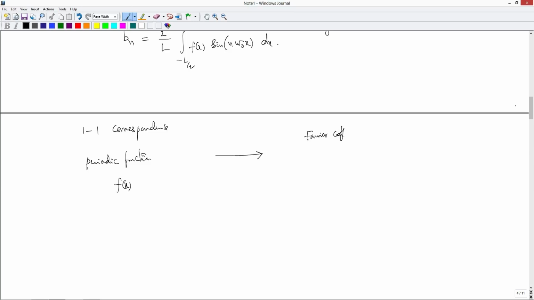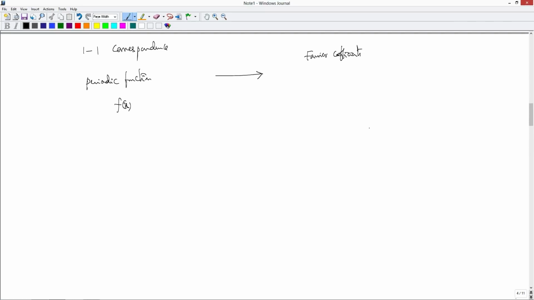These are the a_n's and b_n's, where n is from 0, 1, 2, 3 and so on. If you give this input as f(x), what you get is these Fourier coefficients. So, this is your Fourier transform on a periodic function.